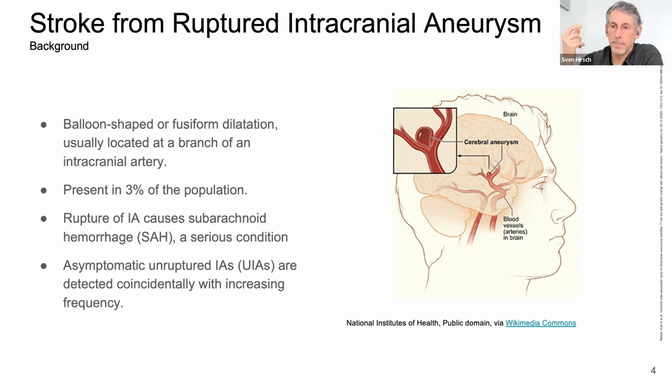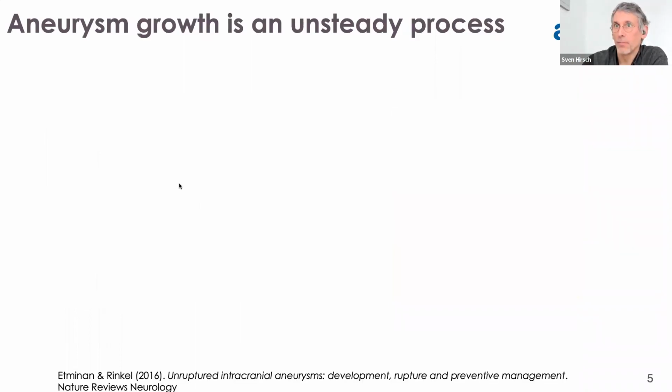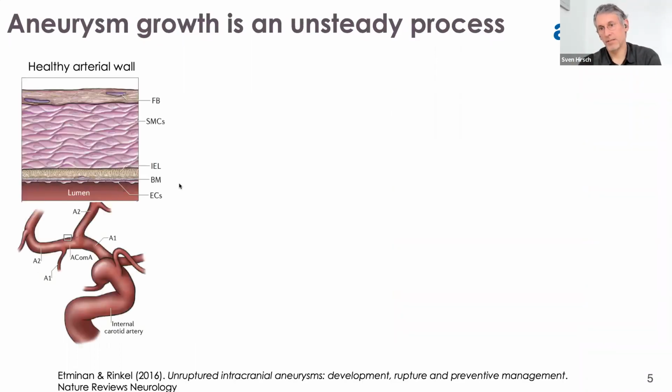The big question that the clinicians always have is which aneurysms are in danger of rupturing and which are not. So when we look at the etiology of an aneurysm, here you would see a segment of the Circle of Willis with the ICA going up, and then going upstream to the anterior circulation.